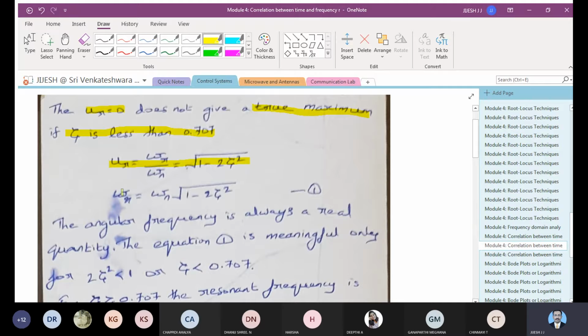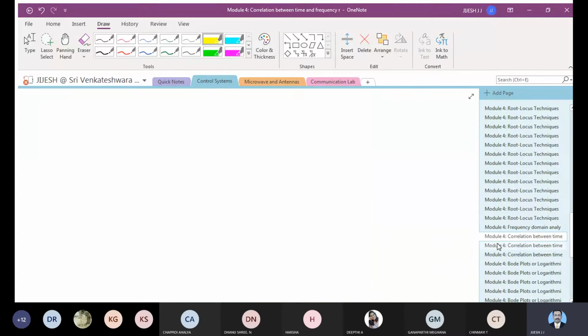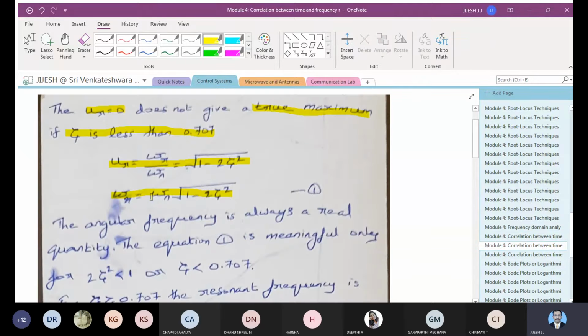From this expression you can write omega r as omega n into root of 1 minus 2 zeta square. So we are going to find omega r, and we got omega r is equal to omega n root of 1 minus 2 zeta square.